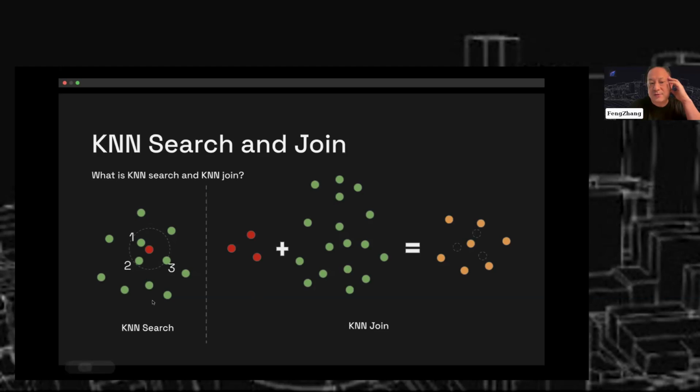So the basic idea for KNN search is you give one geometry and then you find the nearest neighbors for that. So it's pretty straightforward. But in a lot of cases, people want to say, if I have a lot of geometries in a dataset already, how can I find the nearest neighbors for each of them? That's the difference between the KNN join and the KNN search.